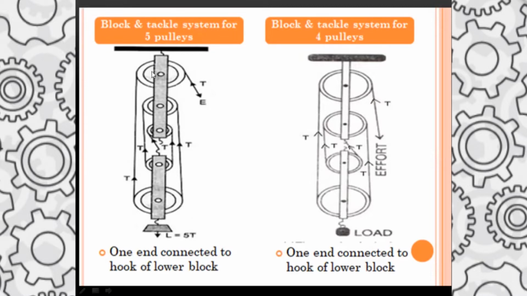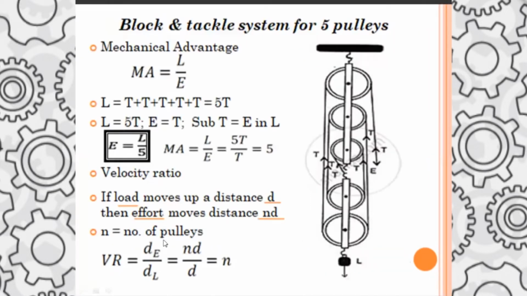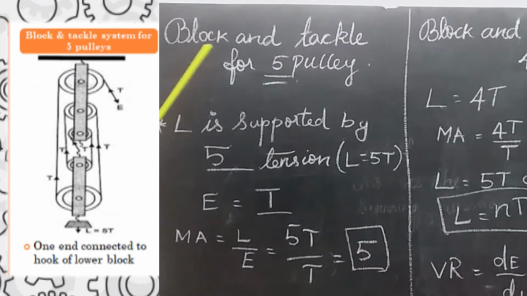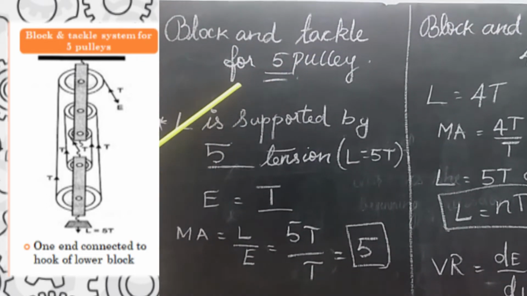We call this a block and tackle system of 5 pulleys and a block and tackle system of 4 pulleys, that is, the number of pulleys involved. And very similar to the previous session, here also we will be calculating the values of L and E, and we will substitute. Okay, moving on to the block and tackle for 5 pulleys.